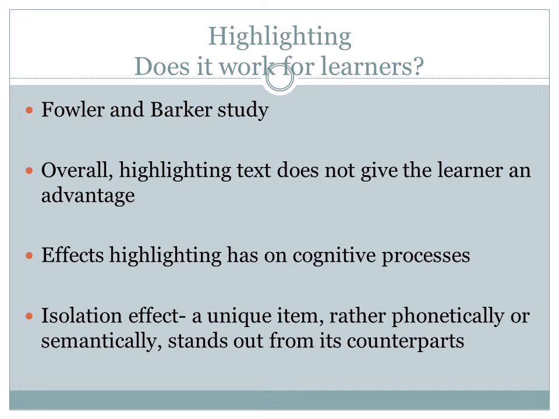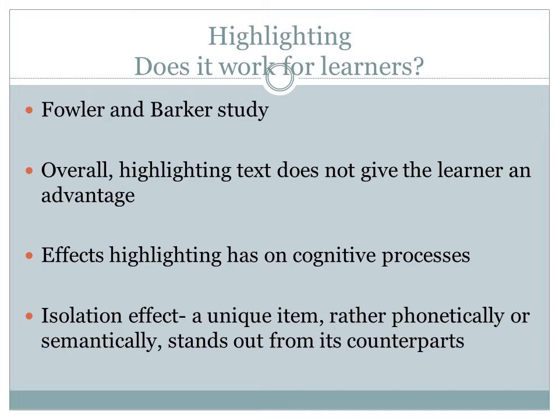There's also another cognitive process known as the isolation effect. Isolation effect is a unique item, either phonetically or semantically, that stands out from its counterparts. So basically, the article described that if you were to have a list of words, let's say it was apple, oranges, bananas, and grapes, and then the next word was pen, you're going to most likely remember out of that list the pen rather than the other more common items.